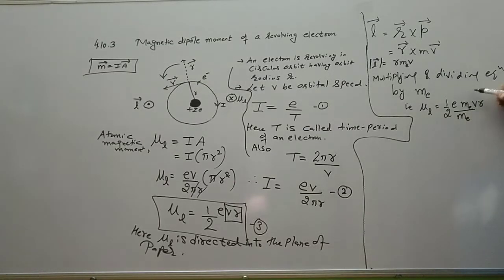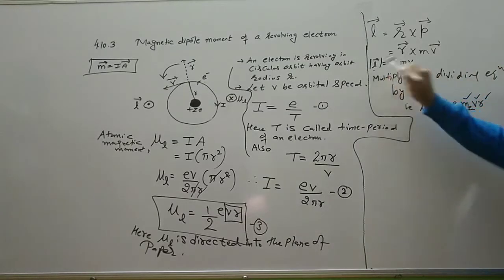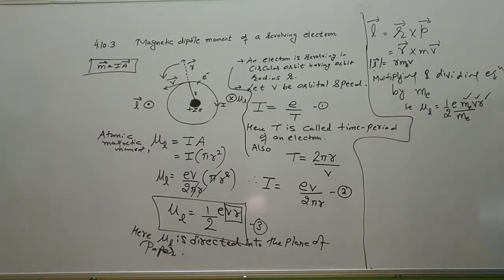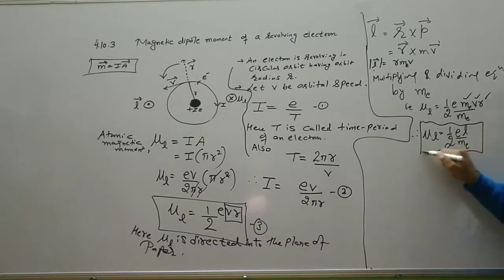Now mvr, that is the angular momentum magnitude. Therefore, mu L is equal to half e, and in the place of this I write L divided by m e. So this is the formula in terms of the angular momentum.